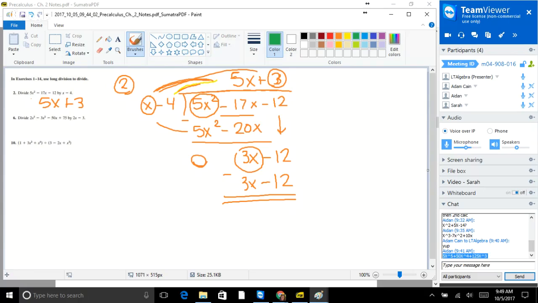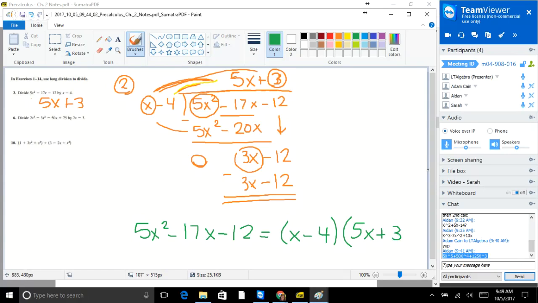Now, practically what that means is that if you have 5x squared minus 17x minus 12, you could factor that as x minus 4 times 5x plus 3. Because we basically divided out one of the terms.